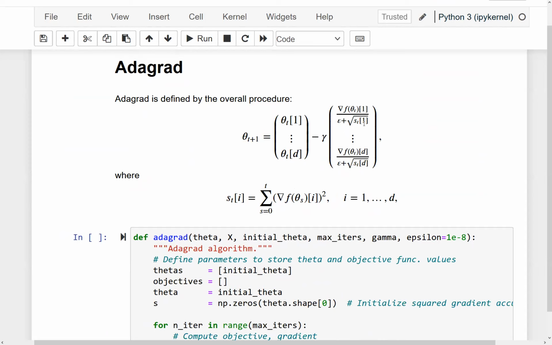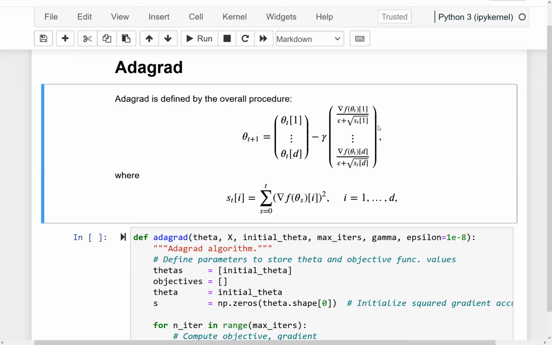And the division we are doing is specified by these terms you see here, epsilon plus the square root of some specific value which is stored in a vector s t. And what is this vector s t? This is nothing else than the sum of the squared gradient terms for the corresponding component i. So you have it for each i.